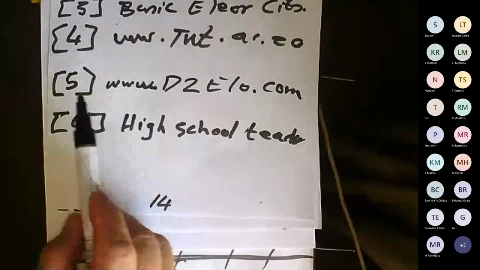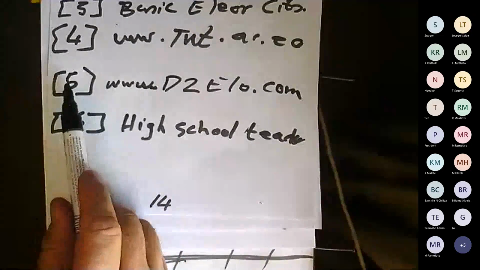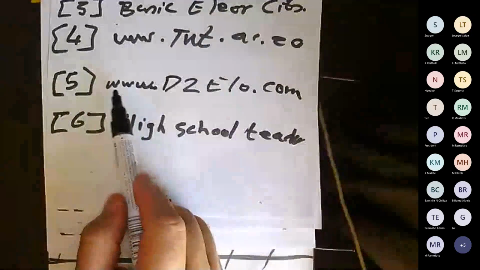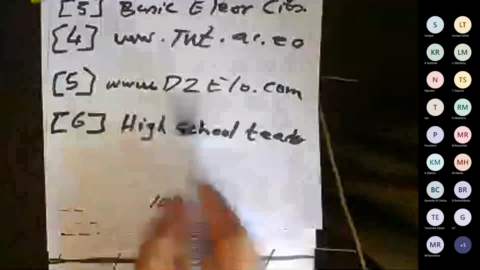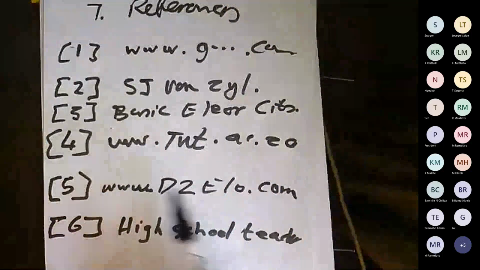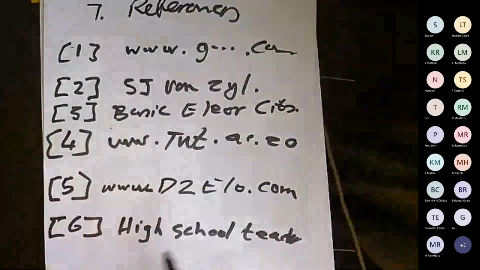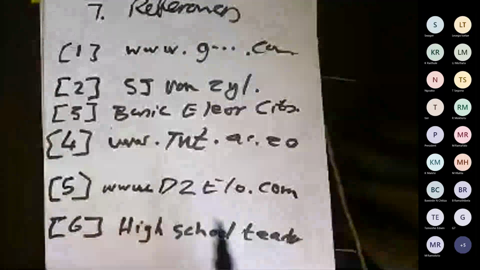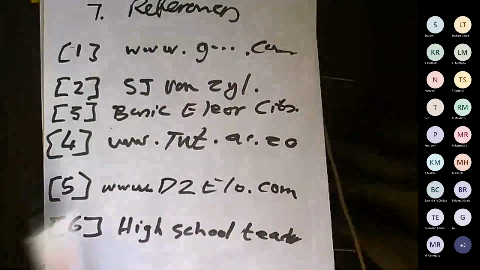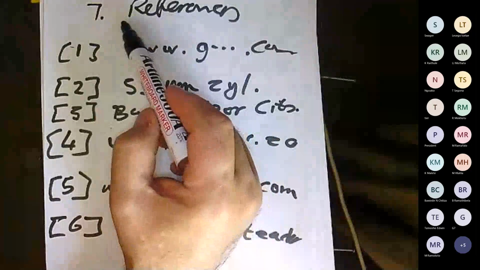And then you can see reference 5. There's a photo, and you copied it from worldwideweb.d2lo.com. So you copy it from that address. So this last page is basically the book names and the internet addresses. That's what this last page is about in your report. And we call it your references, your reference chapter, chapter 7.